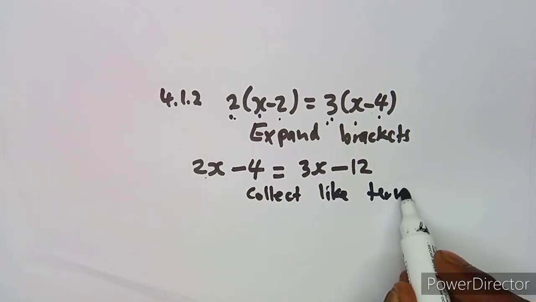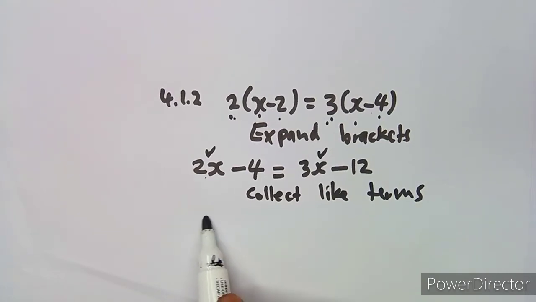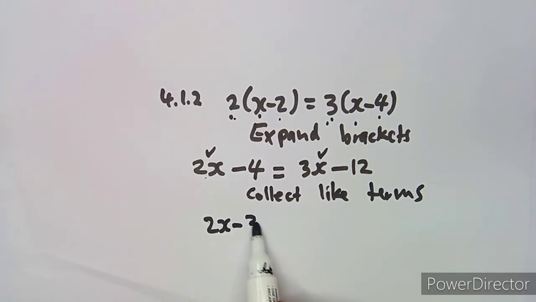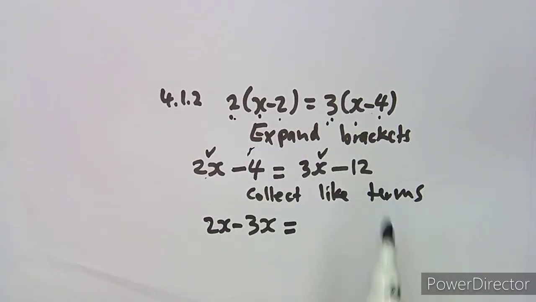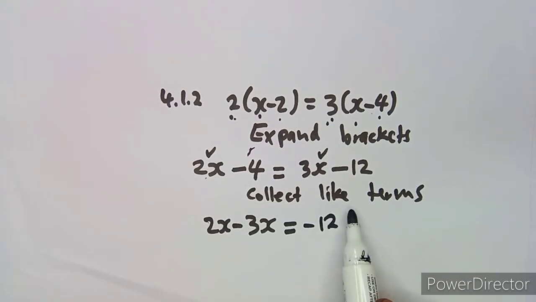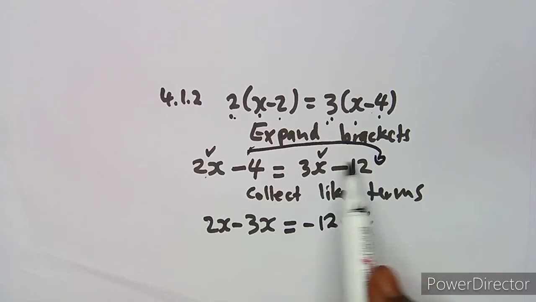So which like terms are we talking about in this case? The ones with x together, the constants together. Okay. So I can choose to have 2x minus 3x, which is equal to 4 collected to the other side of the equation, which is going to be minus 12 plus 4. It was a minus, so once it crosses the equal sign, it changes the sign. It's now a plus. Every number changes the sign when it crosses the equal sign.